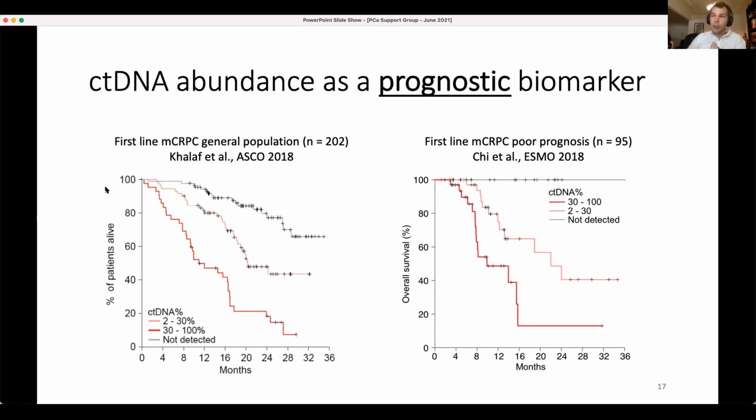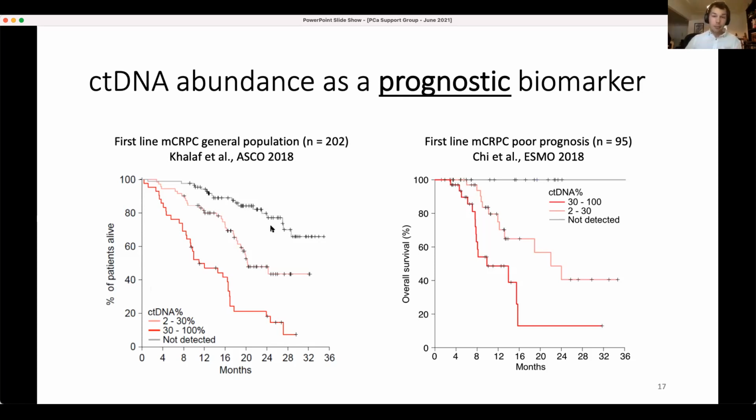And so on the y-axis, it shows the percent of patients who are alive at a given time point. And you see that these two lines here in red, these are patients who had really high levels of ctDNA in the blood. And patients who have high levels of ctDNA tend to do more poorly compared to patients who have low or undetectable levels of circulating tumor DNA in the blood.